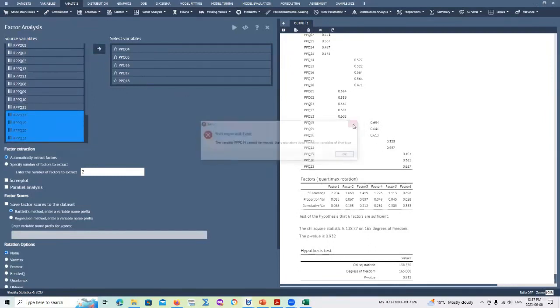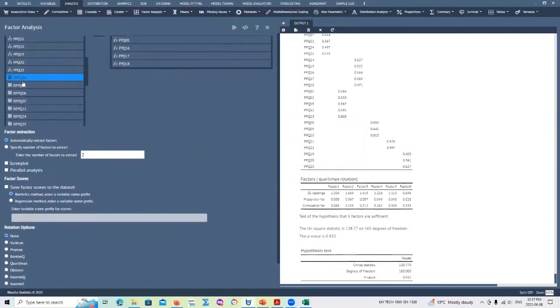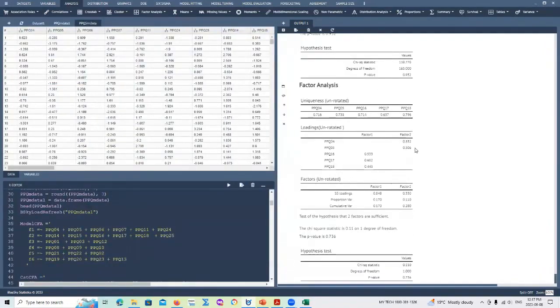Oh, those are categories. So I have just P4, P5, P16, P17, and P18.